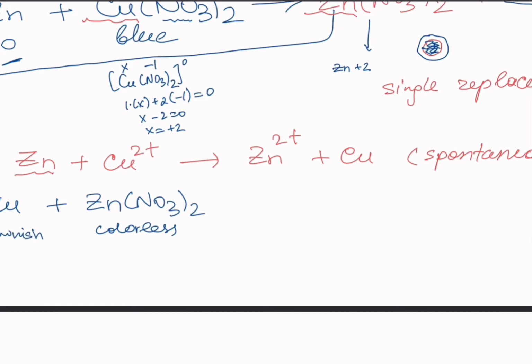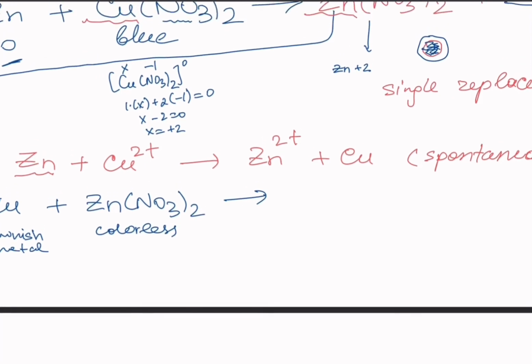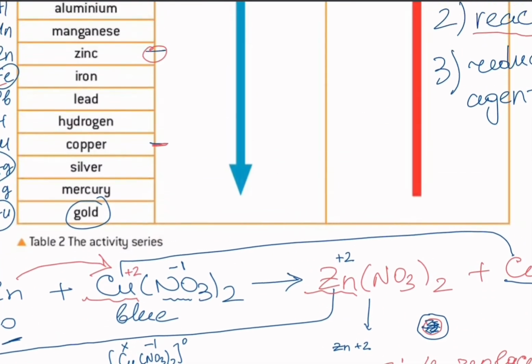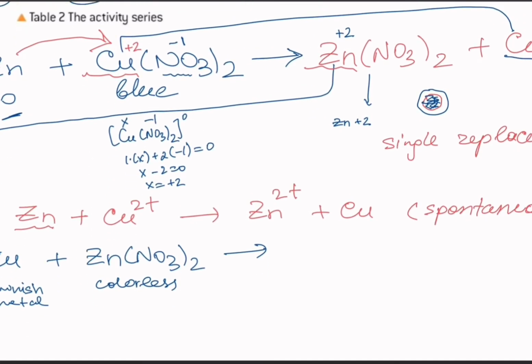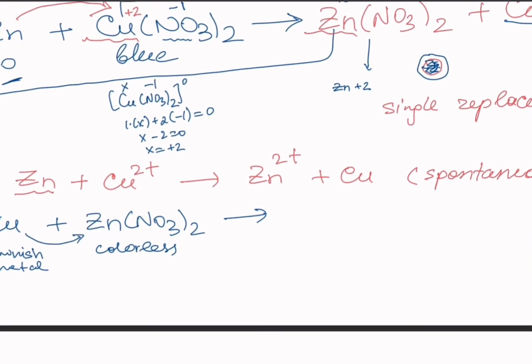If I dip this brownish metal into zinc nitrate solution, I want to know if this reaction will occur or not. If you observe this, you will see that in this table, copper is below zinc. So copper cannot kick out zinc. So this reaction is not going to happen. That's why it is non-spontaneous.